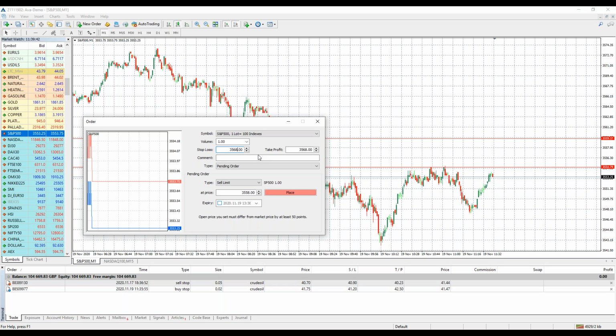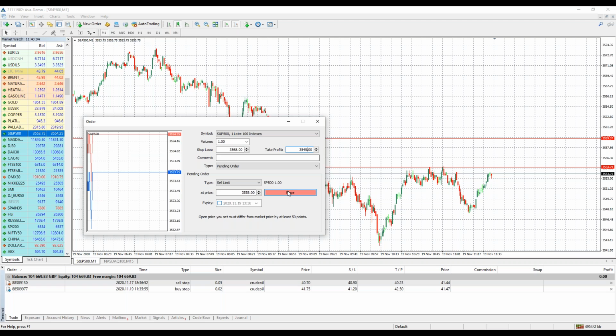And where's my take profit then? If I expect a big movement, maybe down to today's low. That's not asking too much. If there truly is negative momentum, when the US market opens, it could push this back down to today's low. So 35.45 as an example. And so there's my pending order.